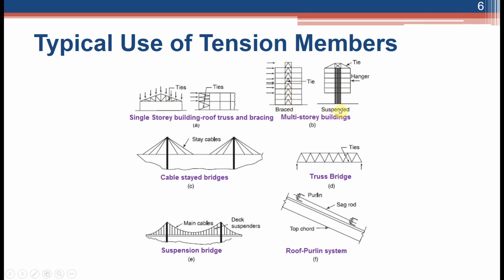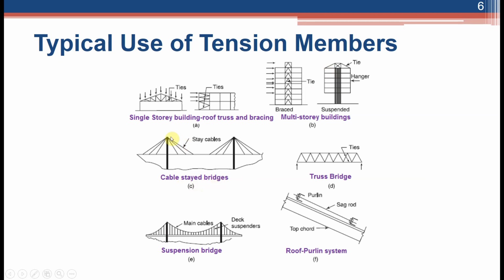Similarly, in suspended multi-story buildings, here the hanger is suspended by means of ties at both ends. So this vertical column acts as the suspension unit. All these floors of the building are suspended with the help of the central column and at the ends by means of tie members.